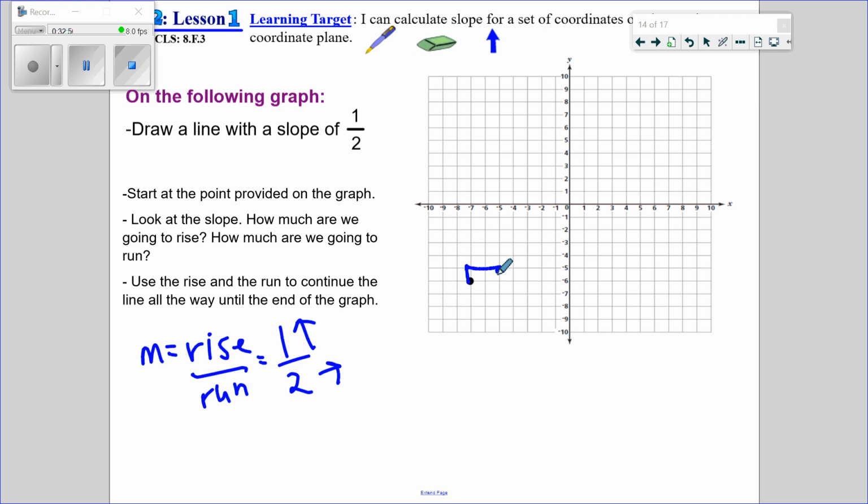Make a dot. Up 1, 2 to the right, and I continue this pattern across the graph. Now we're going to connect this line.